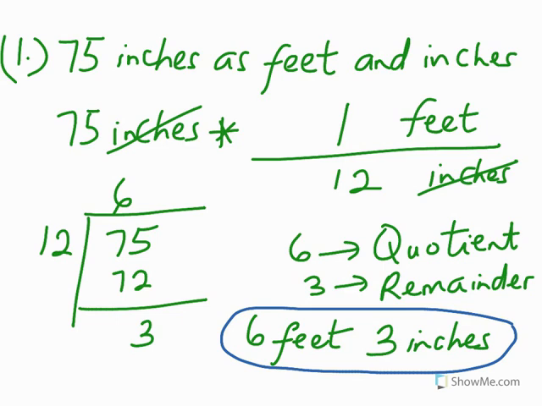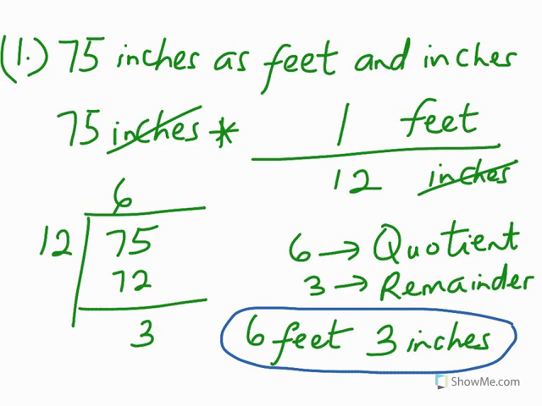Now let me say this. When we are given a smaller unit, inches is a smaller unit, and we are asked to convert to a bigger unit and the same smaller unit, then we will have to divide.